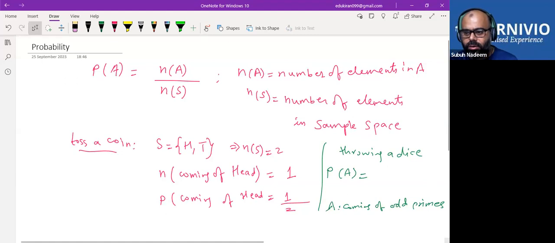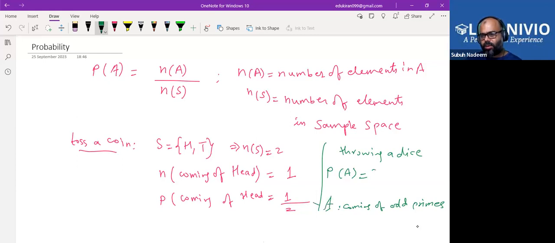Sir, 2/7. How will it be 2/7? How many outcomes are there in the sample space of a dice? 0. No, 0 is not there. 1, 2, 3, 4, 5, 6. 2/6, which is 1/3.